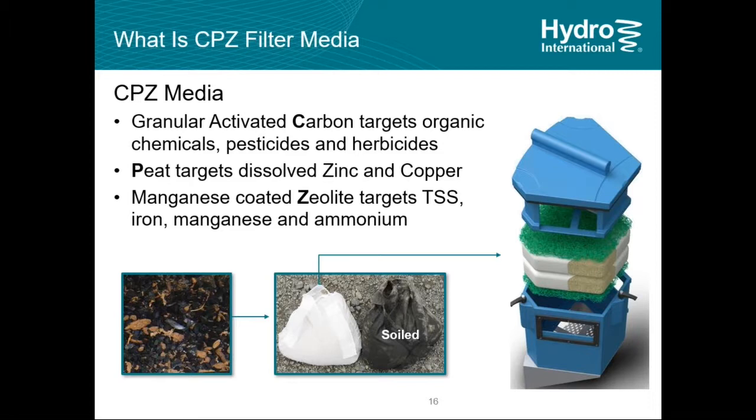On both, you can easily see a handle. These bags have handles so you can pick them up and maneuver them, and that was designed into the system for ease of maintenance. It's not a heavy cartridge that weighs 200 pounds. They're bags that you can lift up, and they have straps to do so.